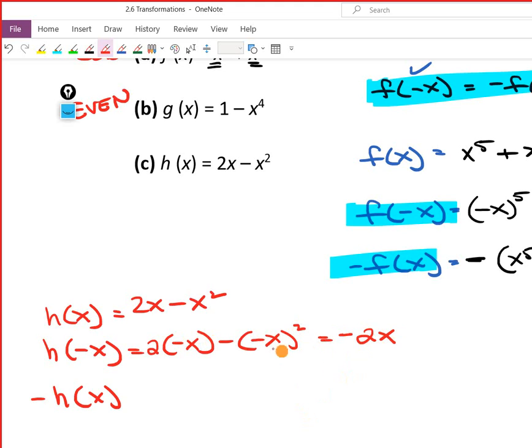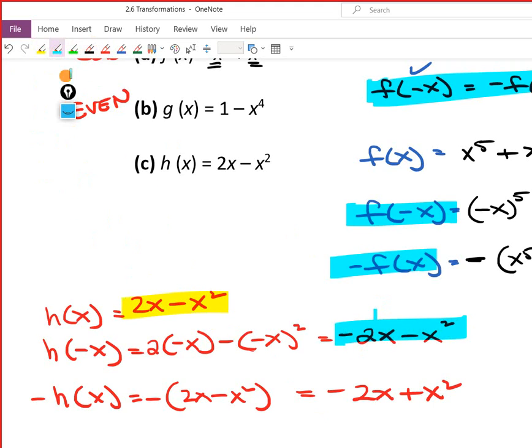Negative 2x. And now, nope, because this is positive, order of operations, you have to do that first. So that's positive x squared, and then you've got minus, so minus x squared. And now if I multiply 2x minus x squared by a negative, we get negative 2x plus x squared. What do you recognize?